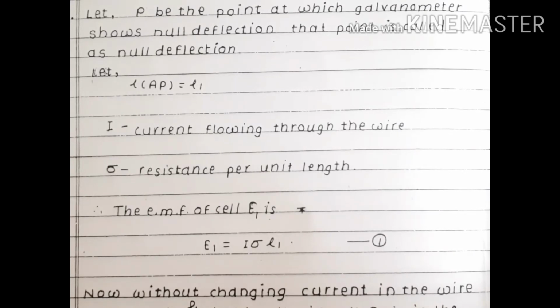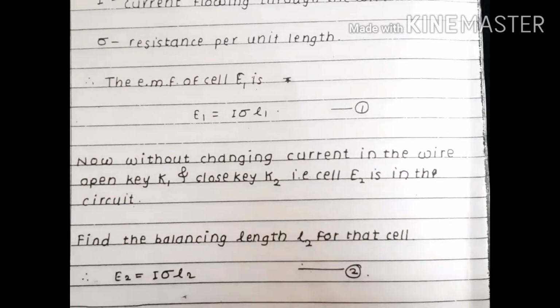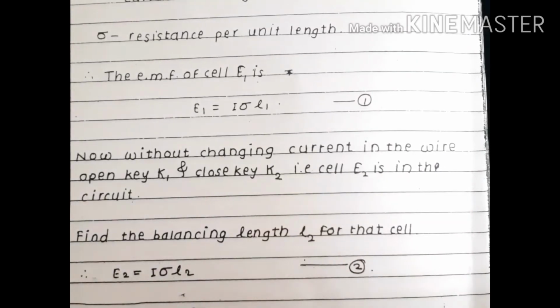Now, without changing the current in the wire, don't slide the rheostat. By keeping the position of the variable point of rheostat fixed, we are going to maintain the same current.